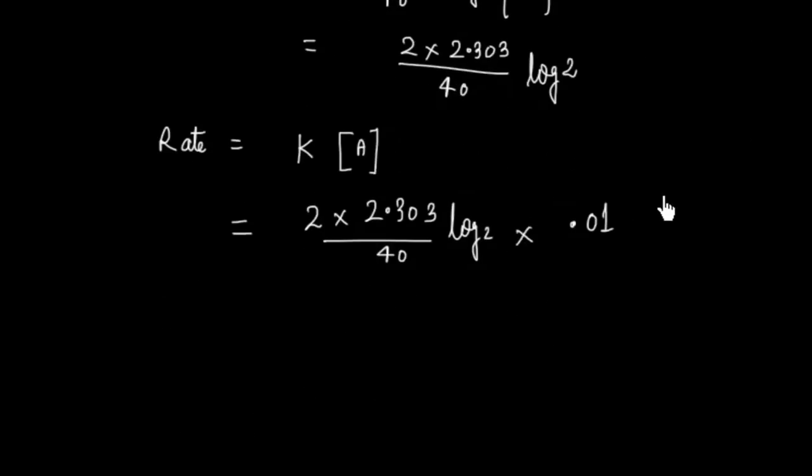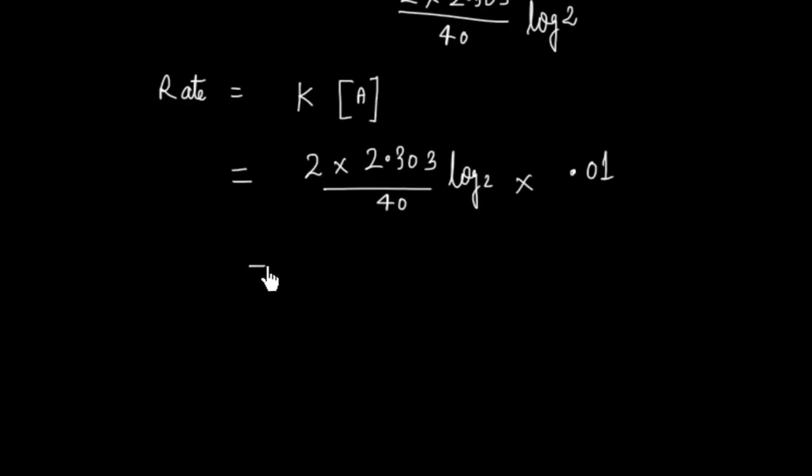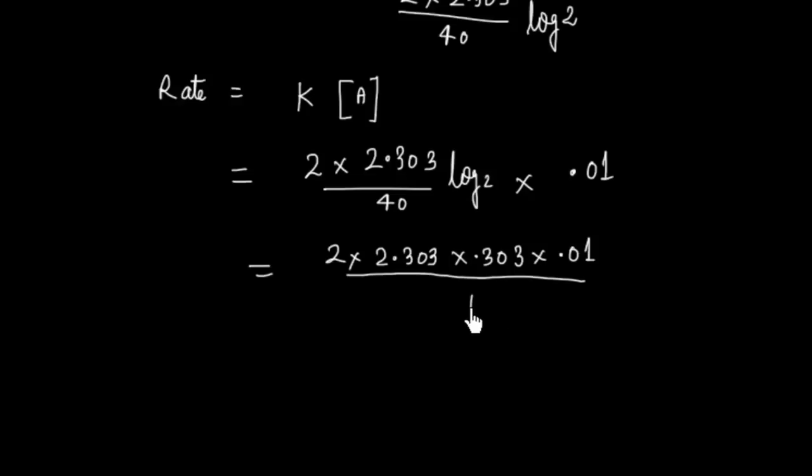Now log 2 is 0.303. So we can write 2 into 2.303 into 0.303 into 0.01, and this divided by 40.